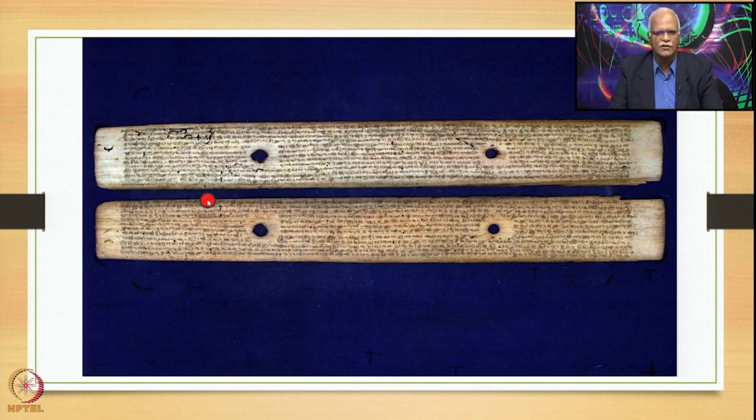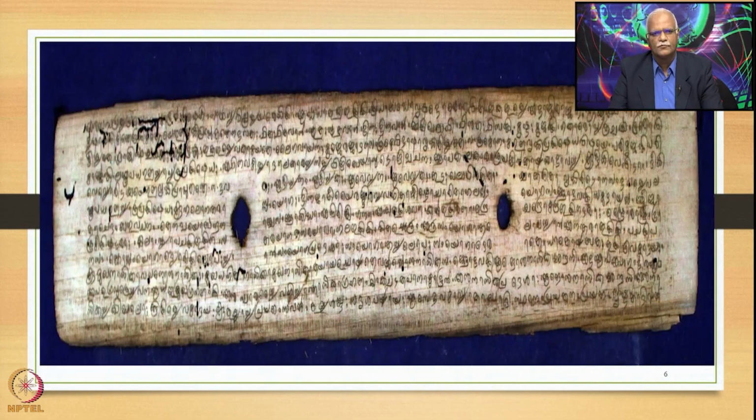These two holes that you see in between, they are the ones through which the thread is put, and then all such palm leaves are bound together. If you notice, even the color of the two palm leaves may differ.